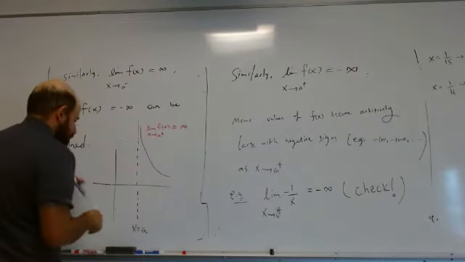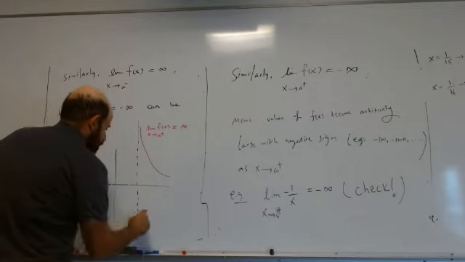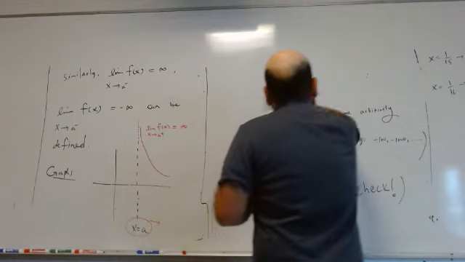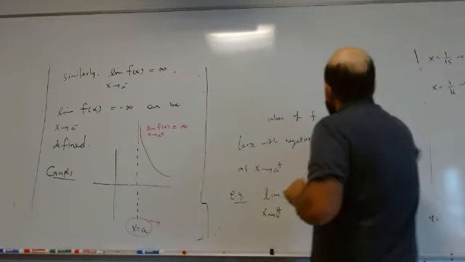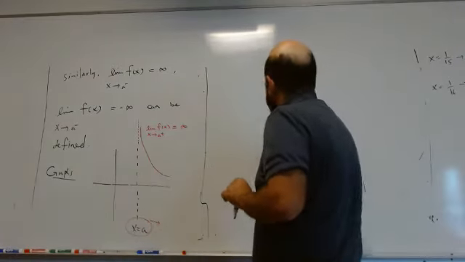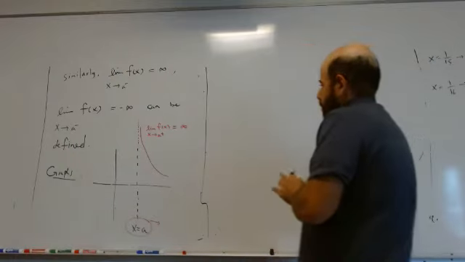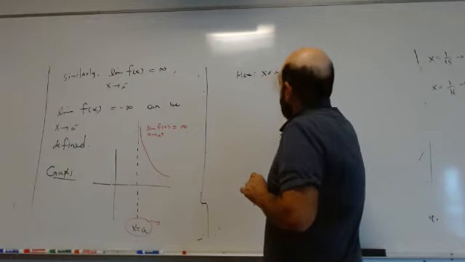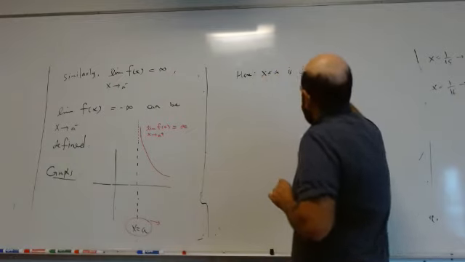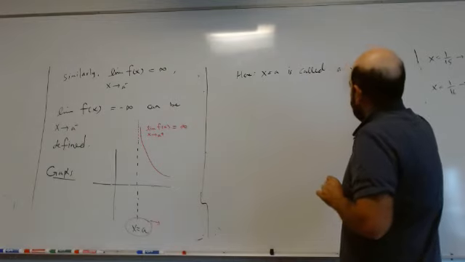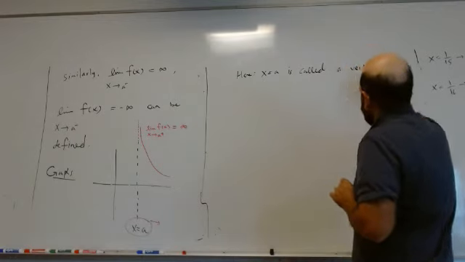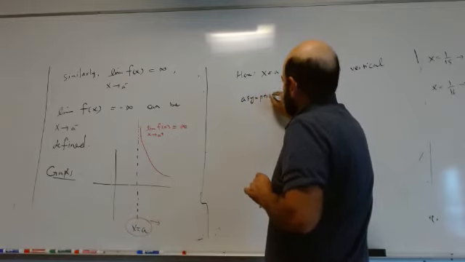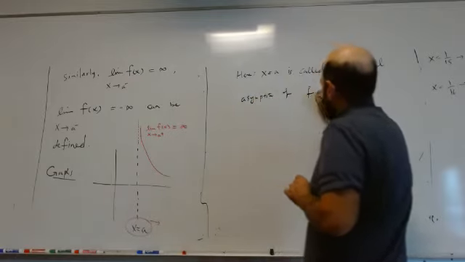So x equals a is called a vertical asymptote of f of x.